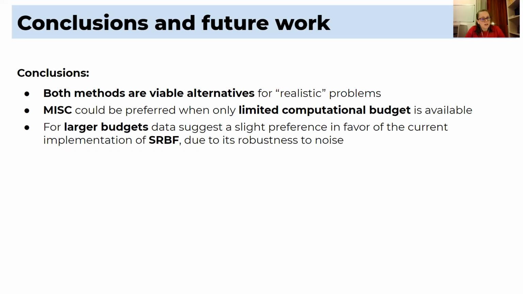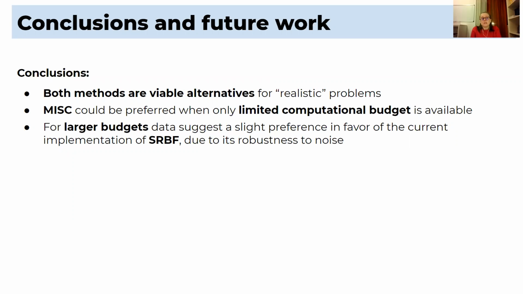What else can we say? We could say that MISC could be preferred when only limited computational budget is available. In the convergence plot, we have seen that at iteration 14, we already got a very good approximation of the expected value. So when the computational budget is limited, maybe one could choose multi-index stochastic collocation.